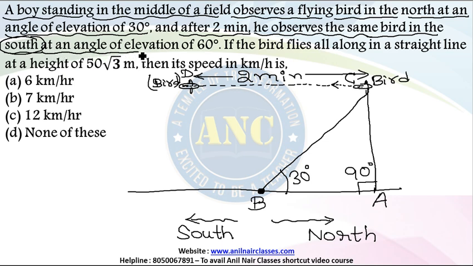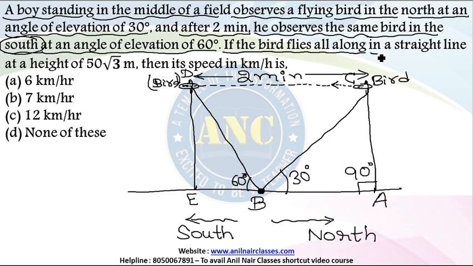The angle of elevation is given as 60. The boy is seeing the bird like this right now. The angle of elevation is now nothing but 60 degrees. I hope the question is very, very clear. Let me call this point as point E. Next, the bird flies all along in a straight line at a height of 50 root 3 meters.